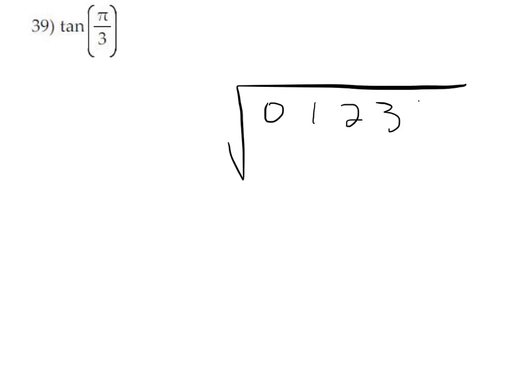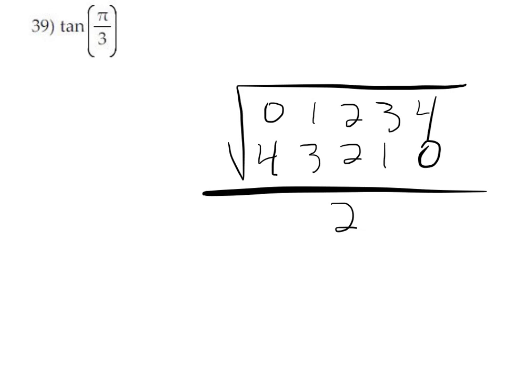Okay. Tangent pi thirds. Let me go over for a moment a tool that you can use, and it doesn't take too long. 0, 1, 2, 3, 4, 4, 3, 2, 1, 0, all divided by 2. This is sine, this is cosine, this is 0, or 0 degrees.